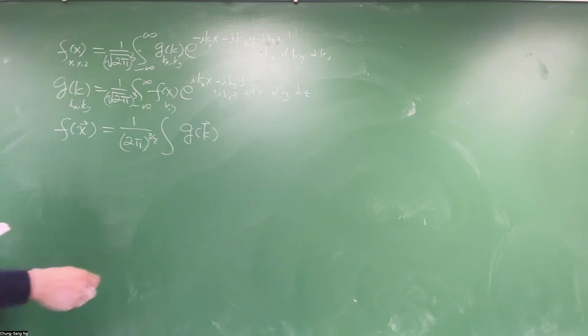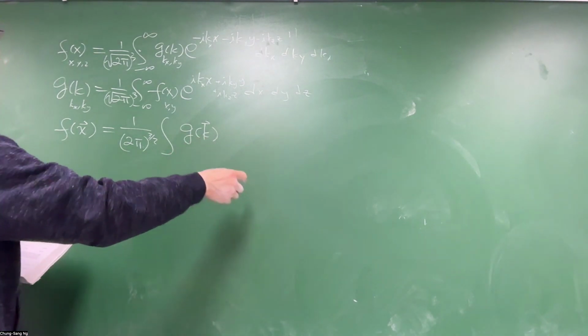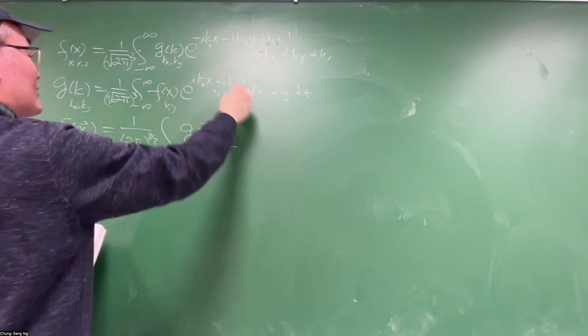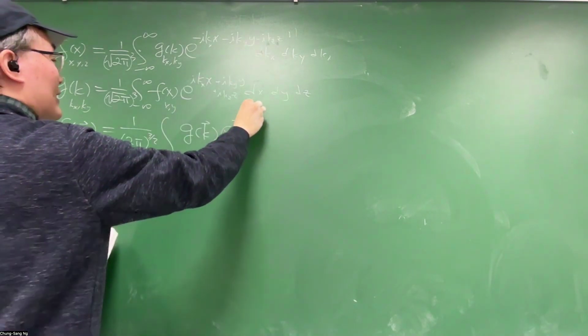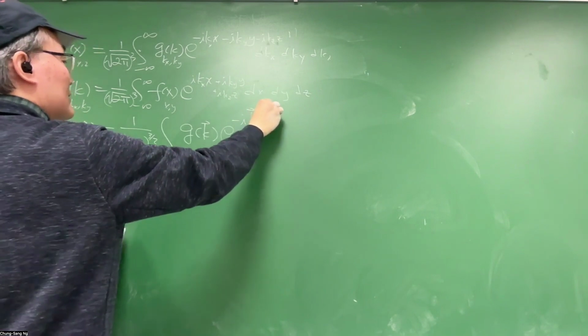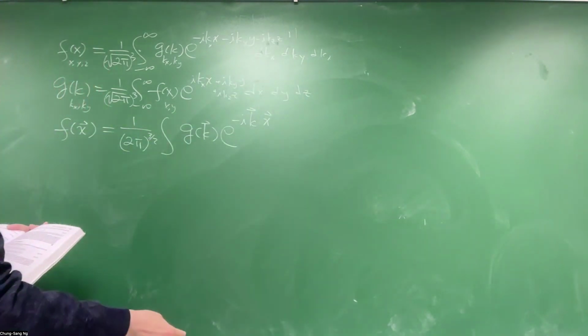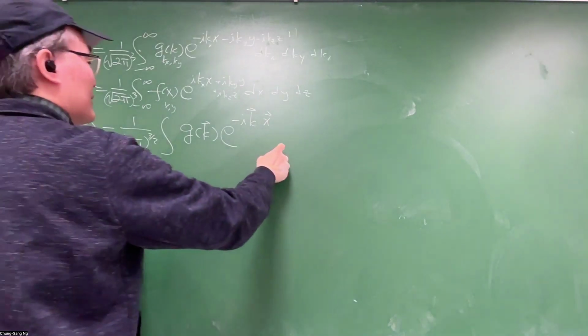So you put the Fourier transform. Now it depends on the wave vector k, however many components you have, and this exponential function becomes e to the minus i k dot x. And then this is an n-dimensional integral.